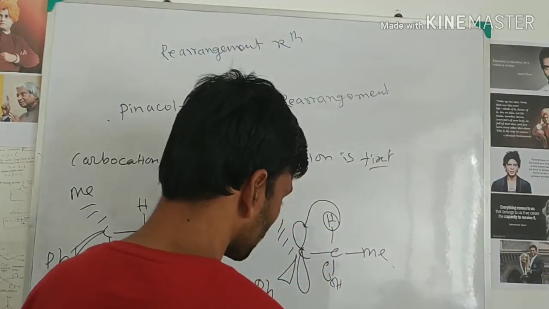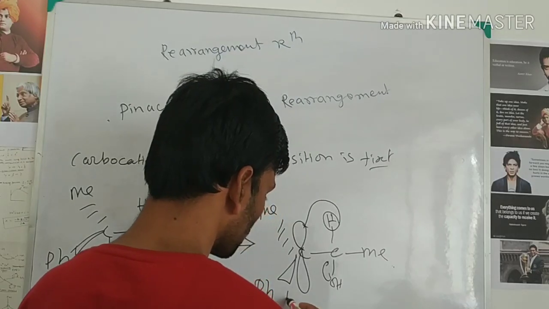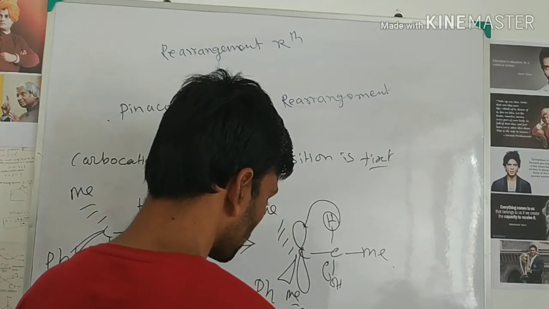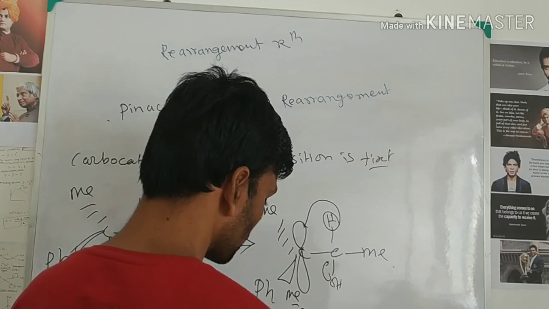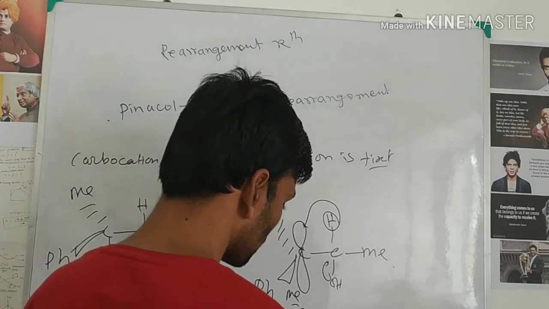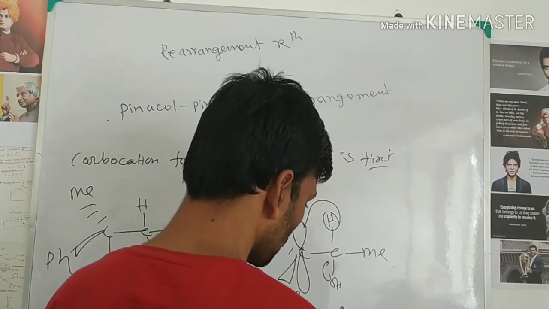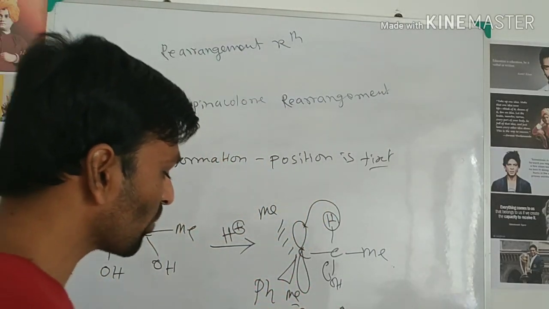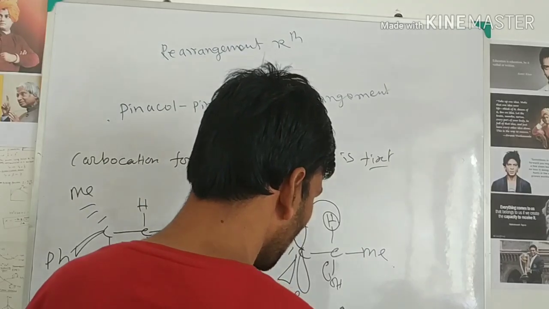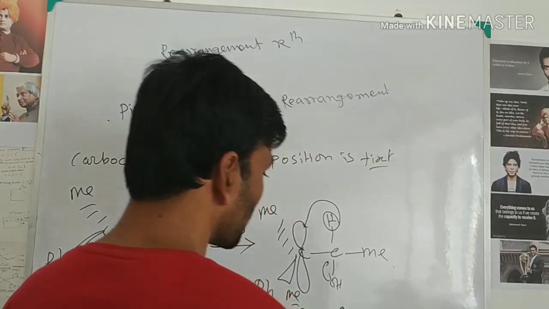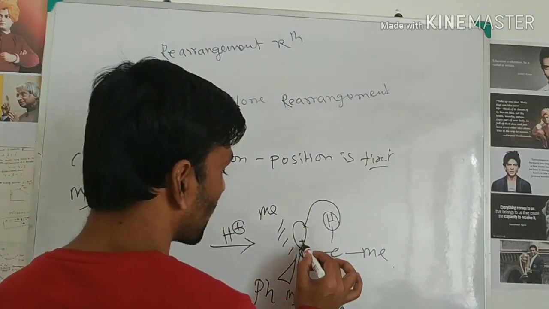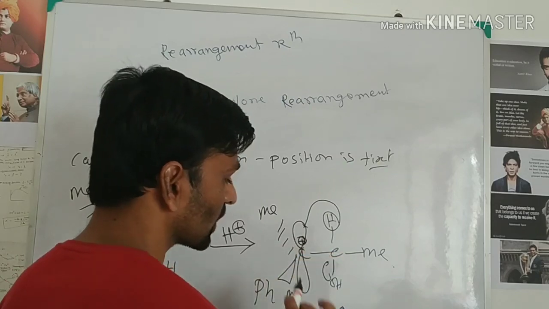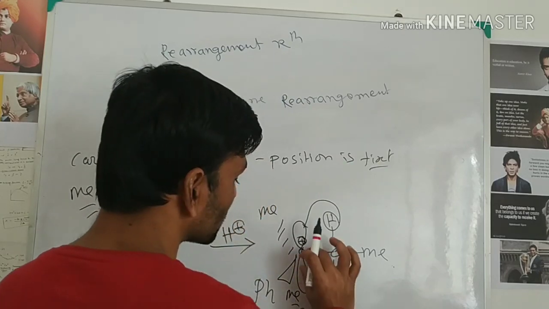form this compound. But this compound is racemic because this carbocation can rotate and this position will be changed.